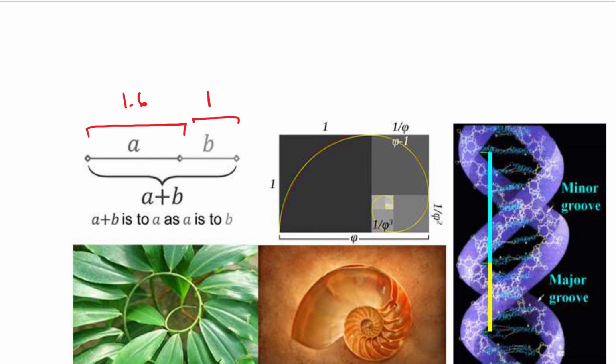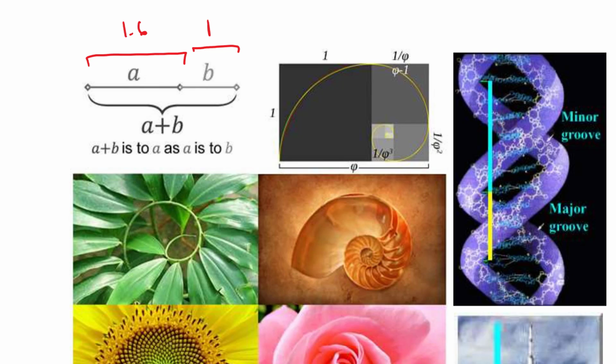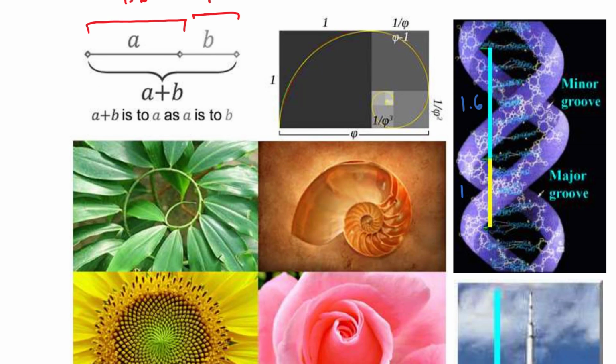If we look at DNA, the major and minor groove of DNA has a ratio of 1.6 compared to 1. If we look at the spirals in plants, in shells, in seeds, in flowers, it's a ratio of 1.6 to 1. Again, the spirals here showing you that Fibonacci sequence.